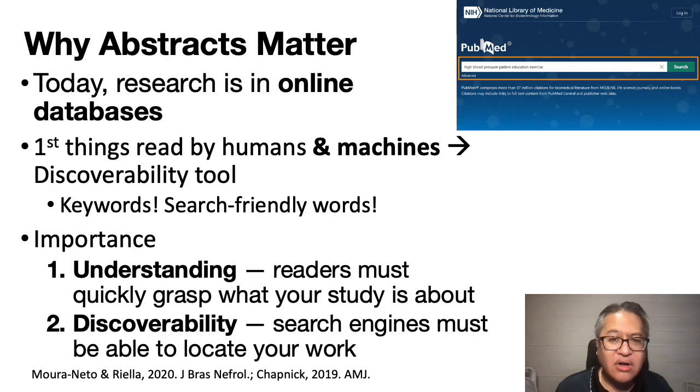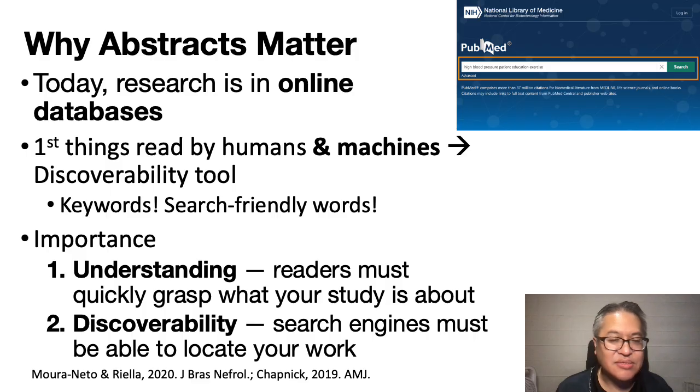We no longer walk into libraries to flip through journals physically. Today, research is found almost exclusively through online databases. PubMed, Scopus, Web of Science, Google Scholar.